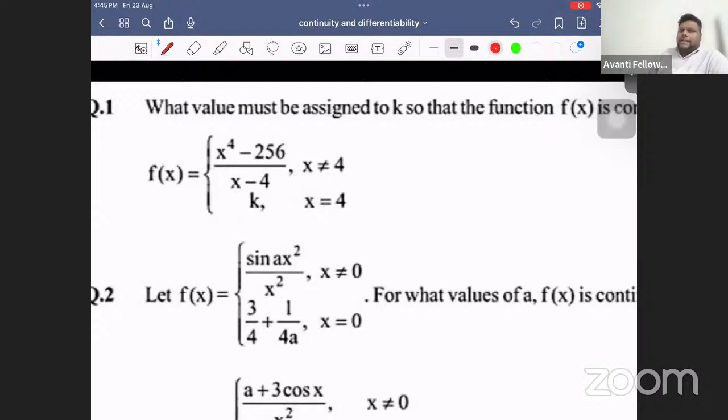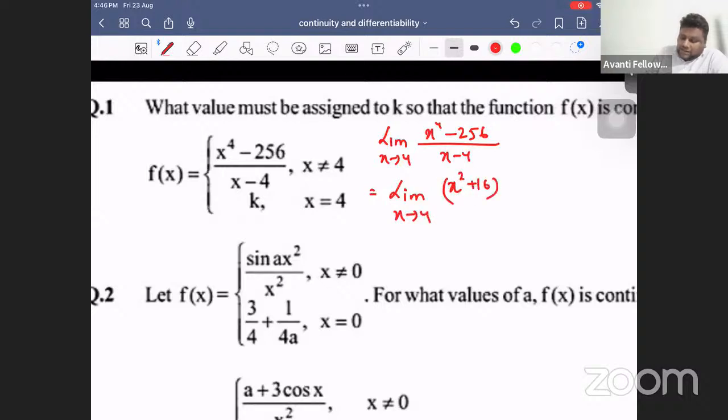See, at x equals to 4 the value is k. So the limiting value at x equals to 4 we have to figure out. So it is limit x approaches to 4, x raised to the power 4 minus 256 upon x minus 4. It can be written as limit x approaching to 4, x square minus 16 times x square plus 16 upon x minus 4. X square minus 16 can also be further written as x minus 4, x plus 4 upon x minus 4.